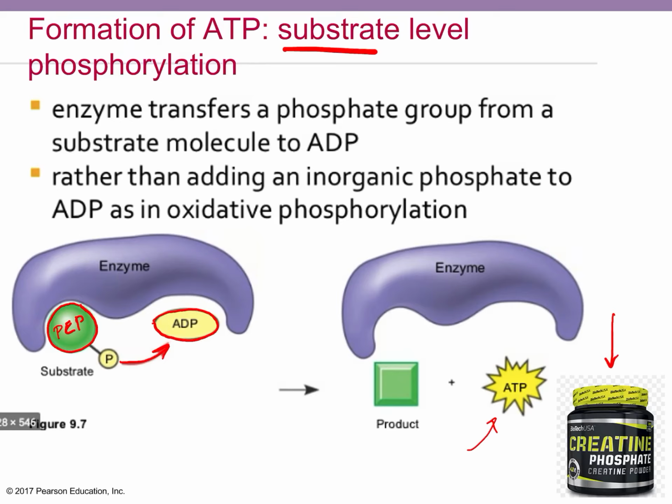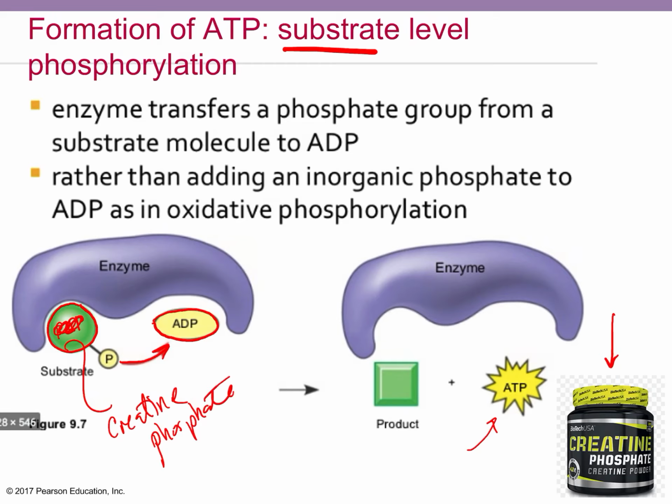Just an interesting sort of supplement here. You can actually get this creatine phosphate. So your muscle cells have creatine phosphate that donates a phosphate group to ADP. So this green substrate here is creatine phosphate in your muscle cells, right?